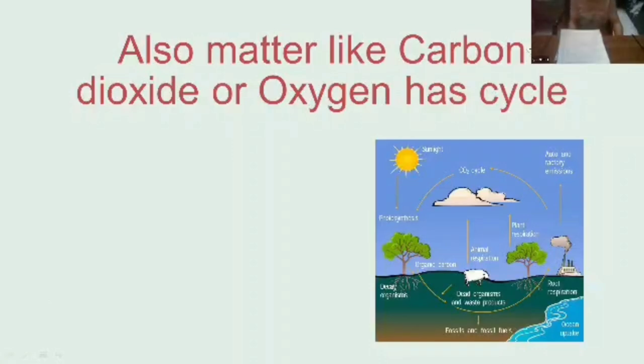Okay, so let's see here. We have the sunlight. We have here the photosynthesis process. Or let's start from here. When decaying organisms, or dead organisms, and waste products and root respiration, all these produce carbon dioxide gas.